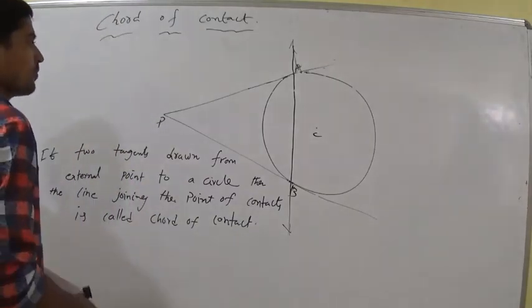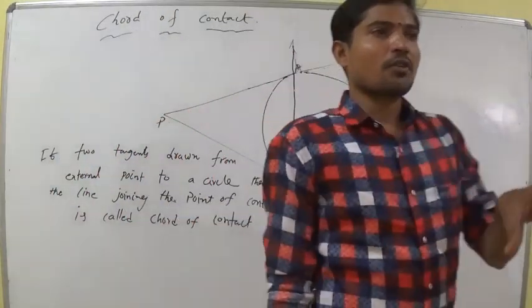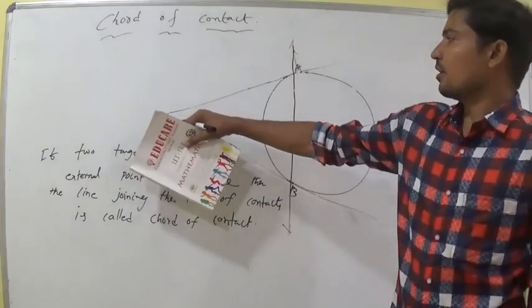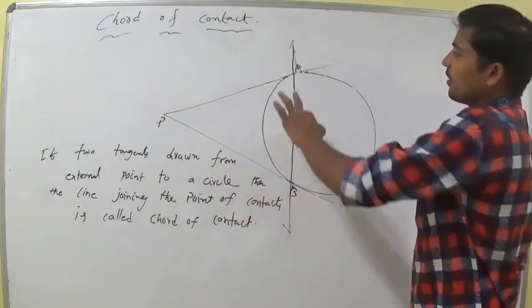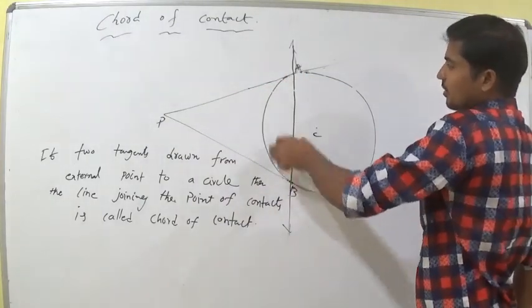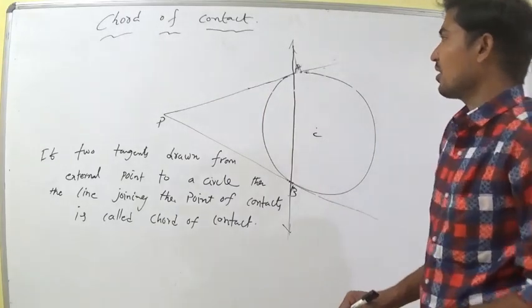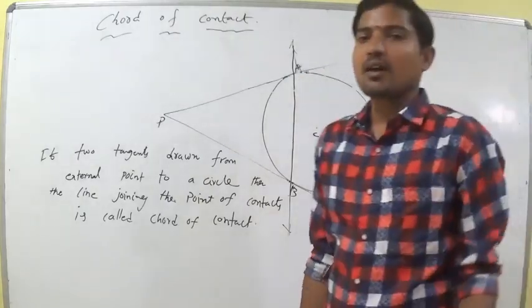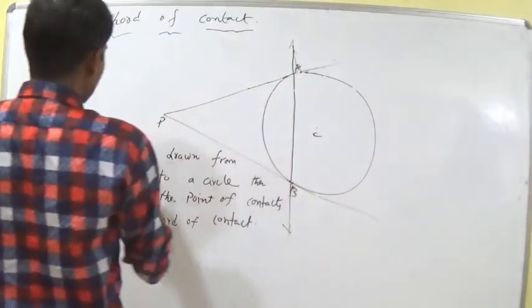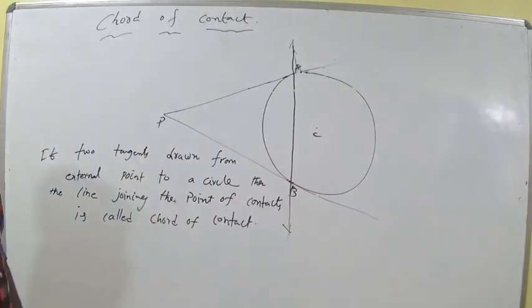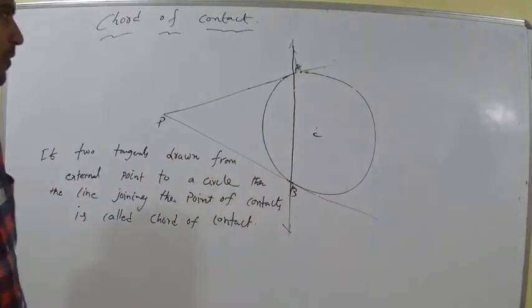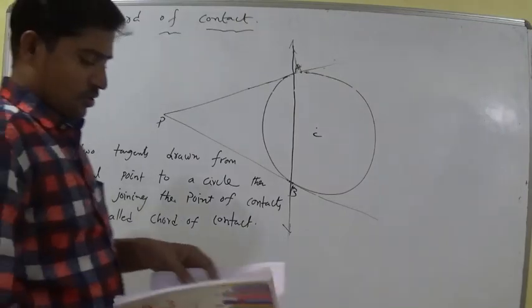Right? Here the tangents are drawn from an external point P. Then we have a point of contact for this tangent and this tangent. The line joining the points of contact is called the chord of contact. Clear? Next.